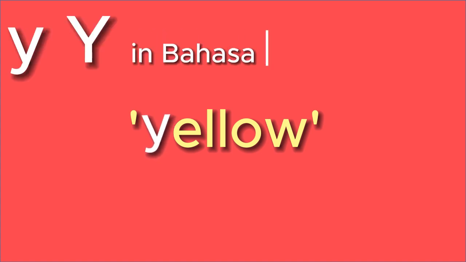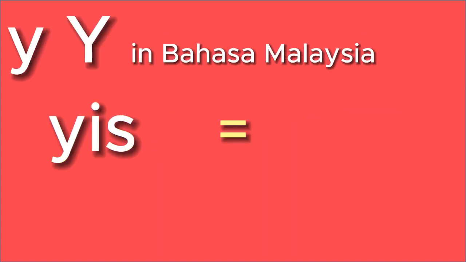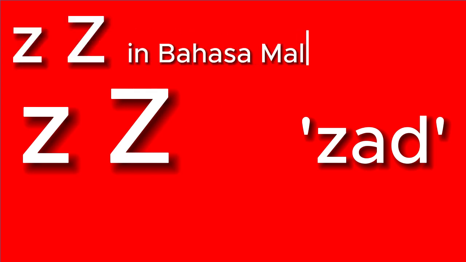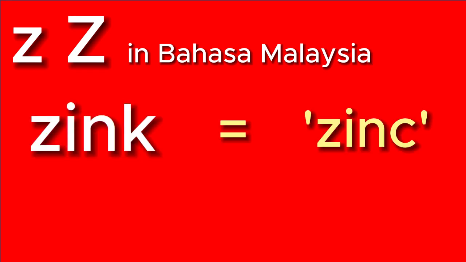Usage in Bahasa Malaysia includes yis, means yeast, yuran means fee. Z is pronounced as Z in Bahasa Malaysia. Z represents the same sound as in English, such as zink means zinc, zon means zone.